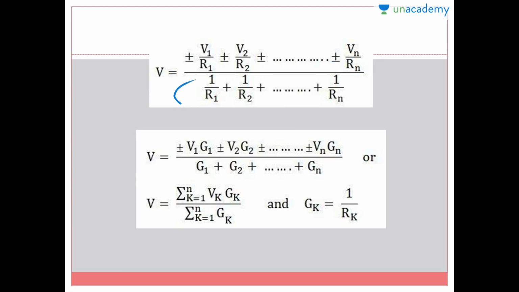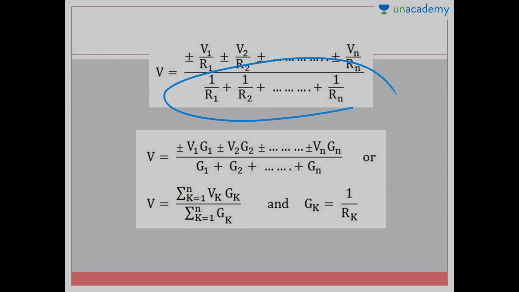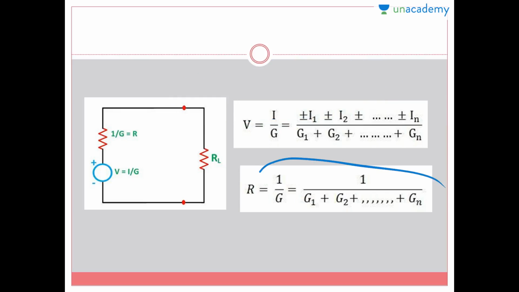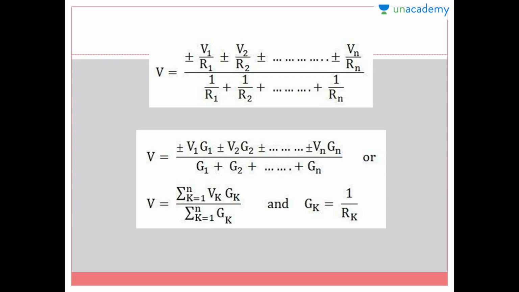For G, I can write conductance as 1 upon resistance. So I'm replacing the conductance with 1 upon resistance here: 1 upon R1 plus 1 upon R2 till 1 upon Rn. Now you can replace it again with the conductance.